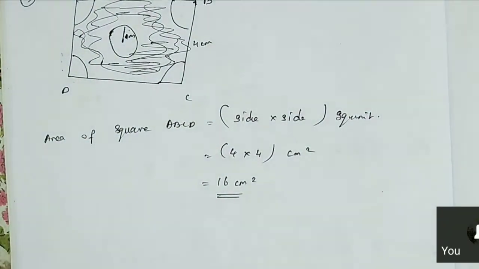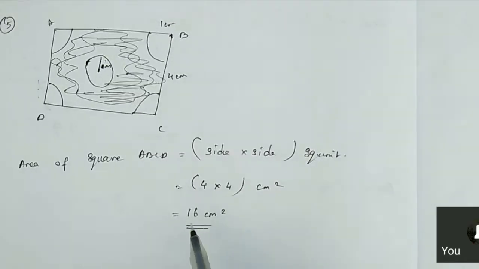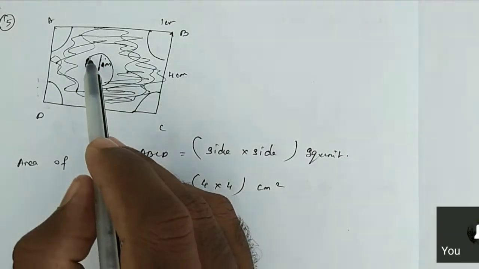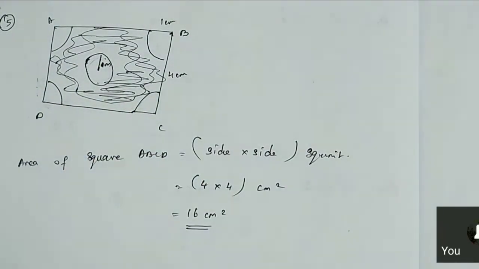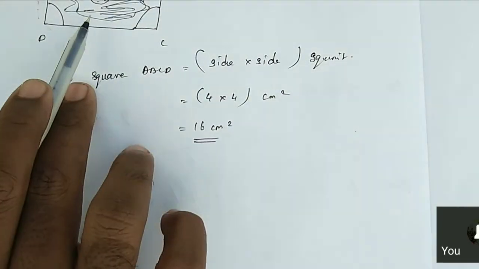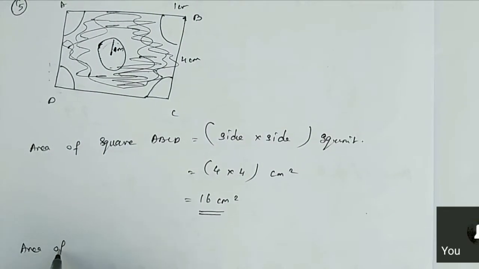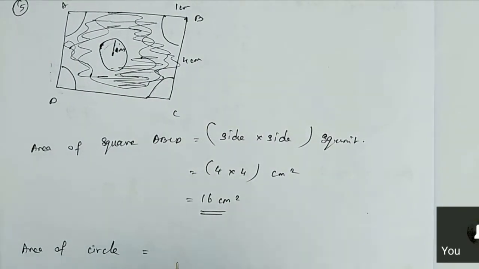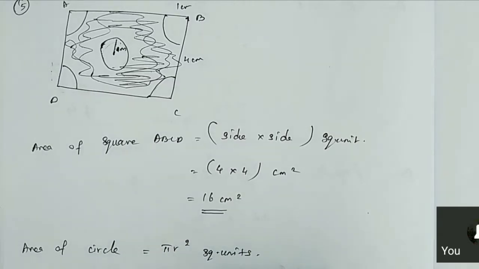Any doubt? Okay, next what are we supposed to do? From the 16 centimeter squared, we should remove the circle area and the 4 corner quadrant circle area also, right? Now we can find the area of the center circle. Area of a circle is equal to pi r squared square units.